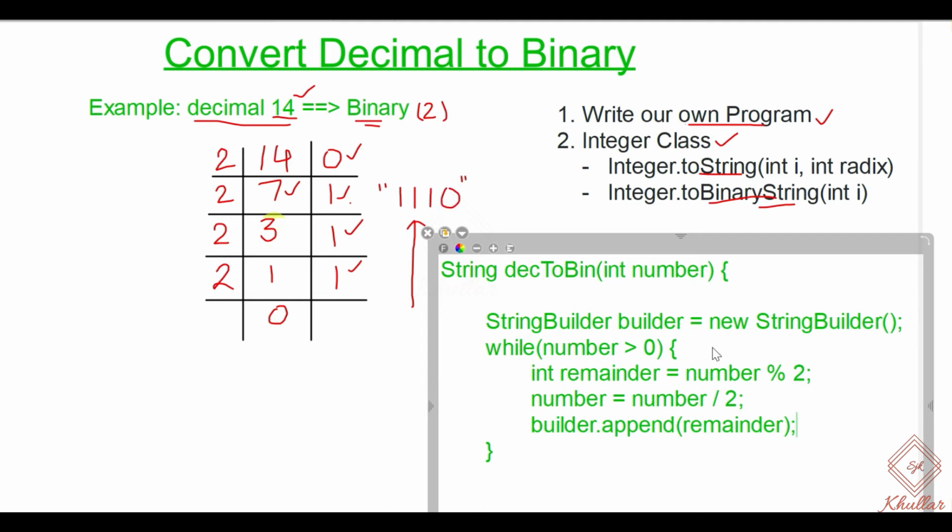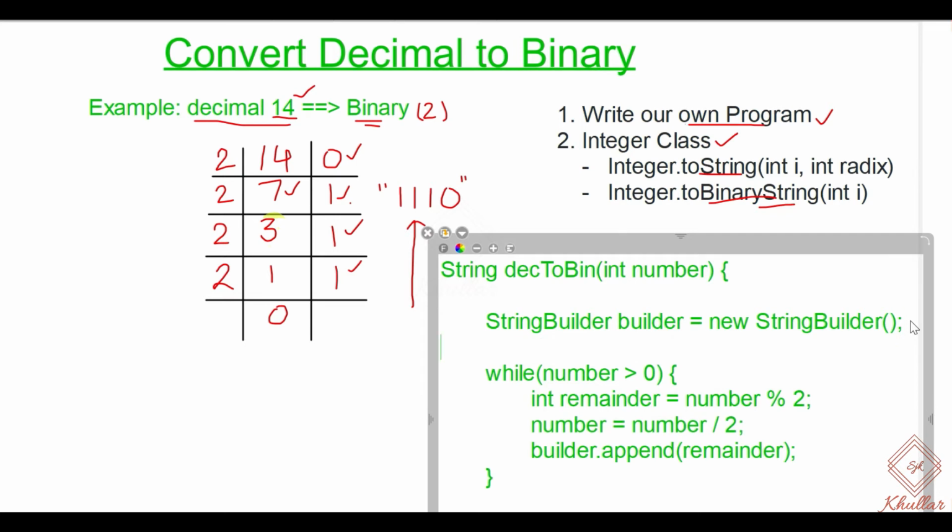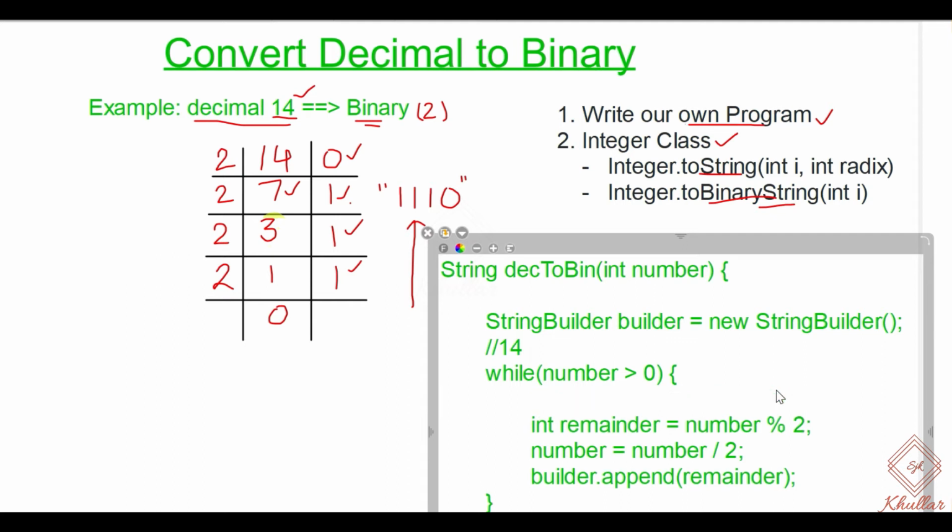Let's take the same example we have seen. Suppose we are given the number 14. The very first thing is finding the remainder. 14 modulo 2, the remainder is 0, so the remainder is 0.